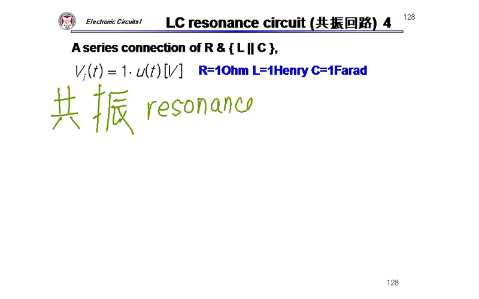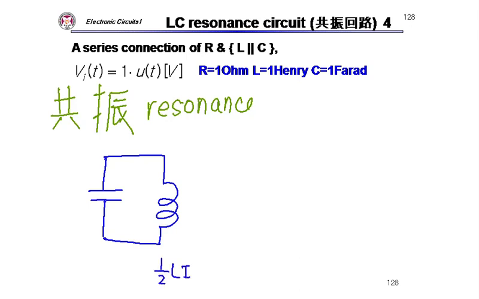Say, if I have an LC in parallel, the energy of a linear inductor is this one. The energy of a capacitor is this one. I have some switches here, maybe some current source or something like that.